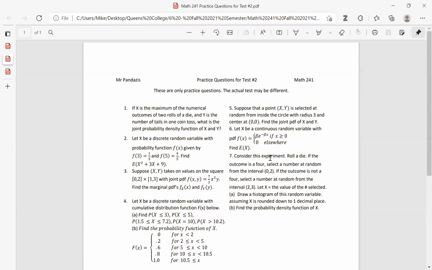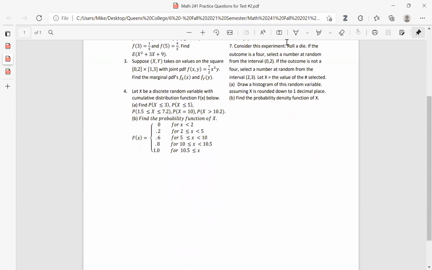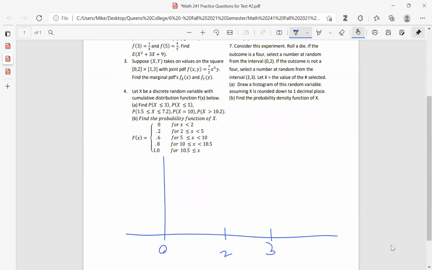Okay, so there are 2 possibilities. If you roll a 4, you select a number from 0 to 2. Maybe I can draw this here at the bottom. So we have from 0 to 2, and we have from 2 to 3.